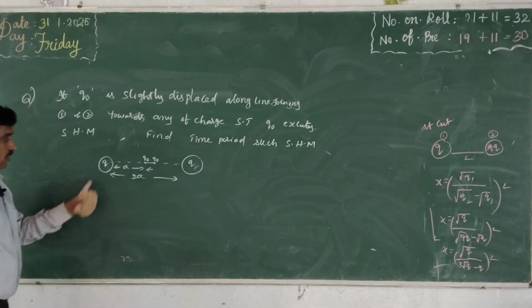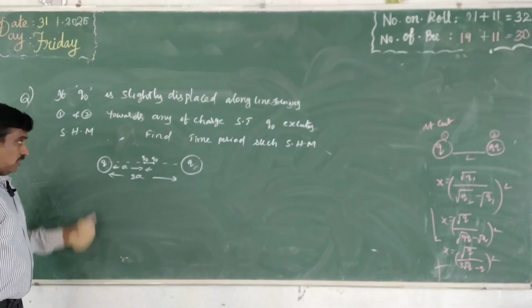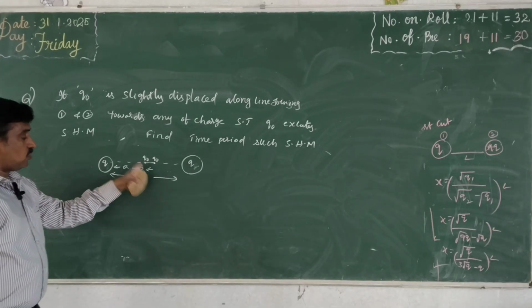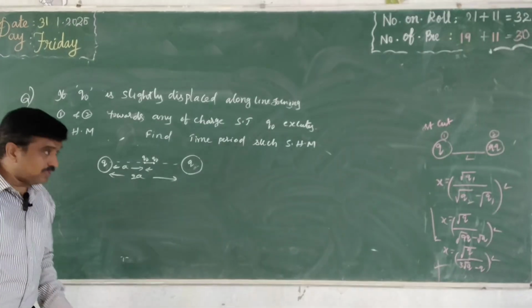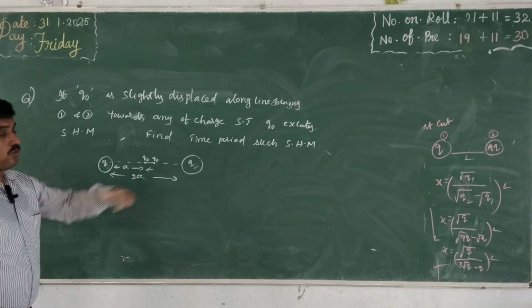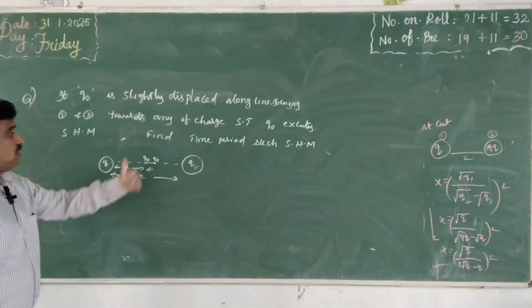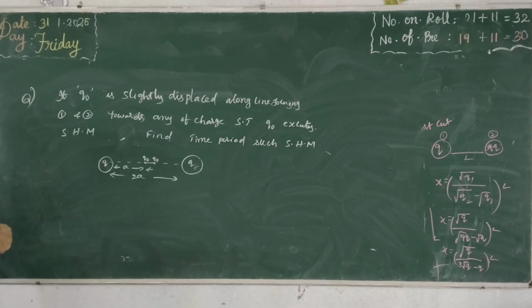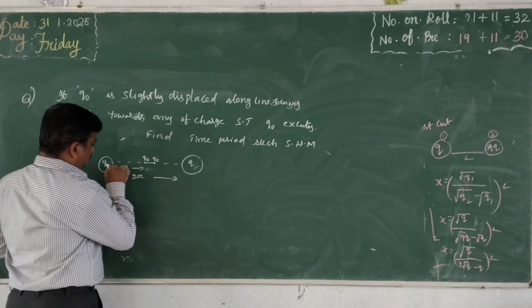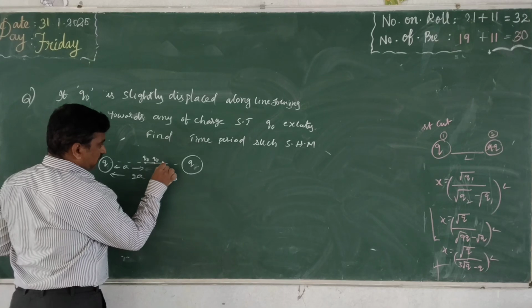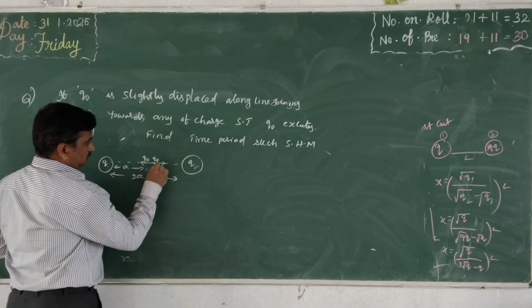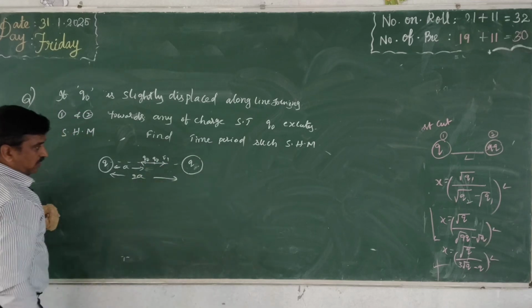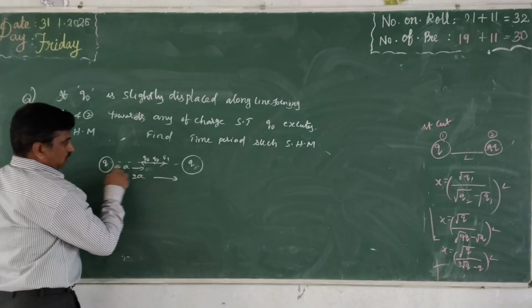We can write here q, here q, two charges along the line joining them, and q naught is there, one more charge, slightly displaced. In that case, it executes simple harmonic motion. So what is the time period of such simple harmonic motion? That we find out. See here, this is the force acting in this direction. For example, we write F1 due to the first charge, and F2 due to the second charge.